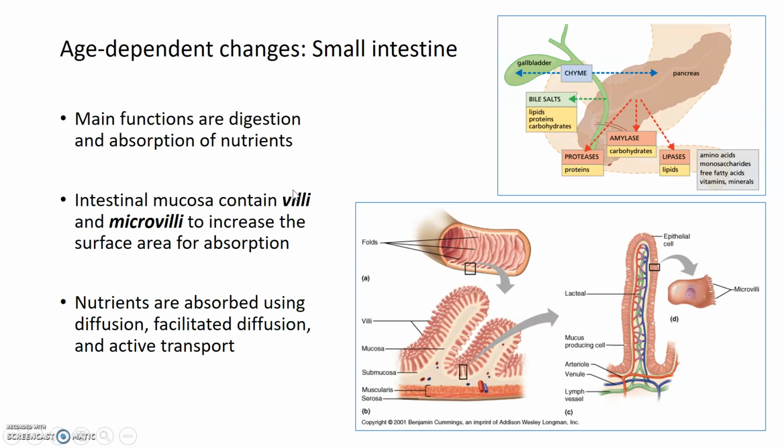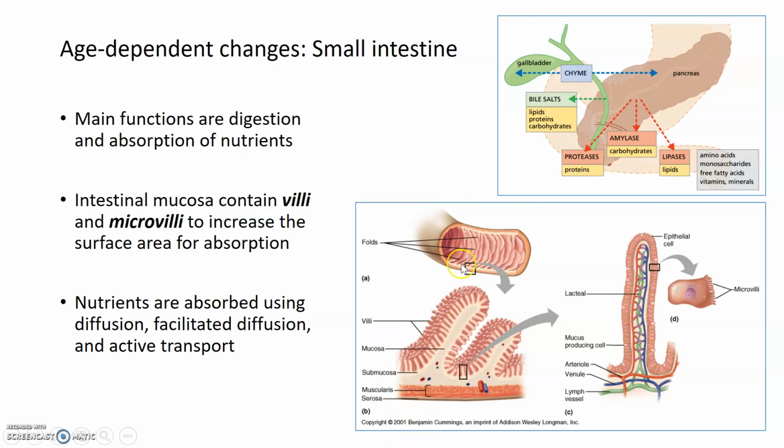And the structure that makes the small intestine so good at absorbing nutrients is its mucosa or lining. And the mucosa is organized into villi and then microvilli on top of that. What a villi is, basically, is little tiny folds or finger-like projections that extend into the lumen, the empty space of the small intestine.